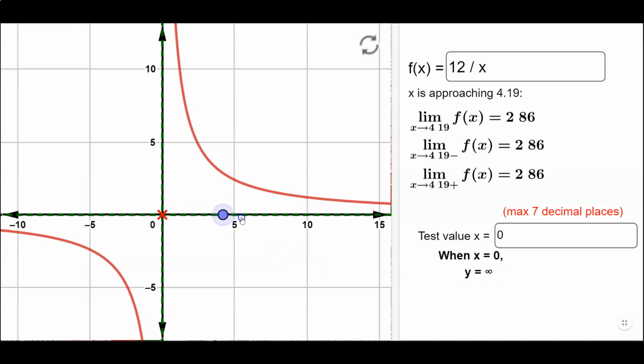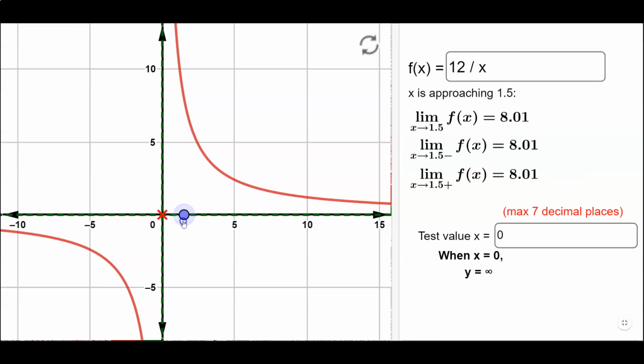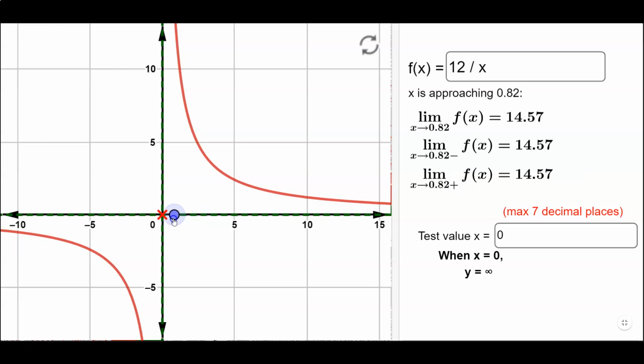So as I take this dot and I start moving it towards 0, look at the y coordinates. The y coordinates are these numbers here on the right of the equal sign. As I get closer and closer to 0, those y coordinates start to get really, really big.